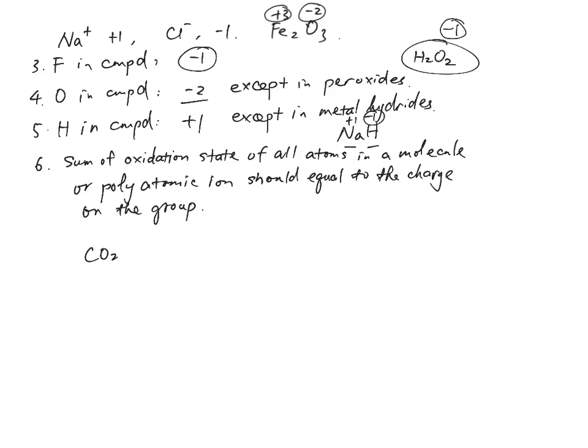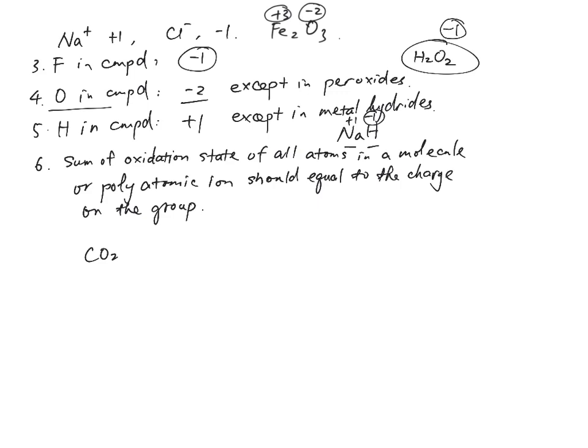But carbon is not covered in one of these rules because carbon dioxide is a molecular compound. You don't have individual ions in there, and carbon certainly is not fluorine, oxygen, or hydrogen. So how should I get the oxidation number of carbon? Simple.